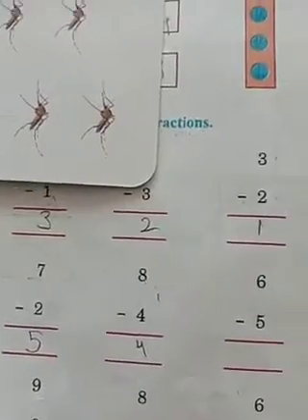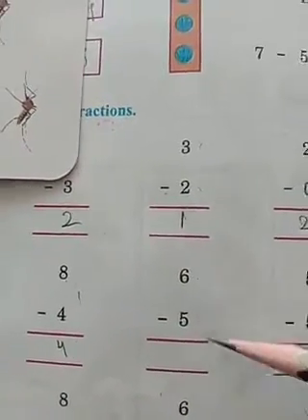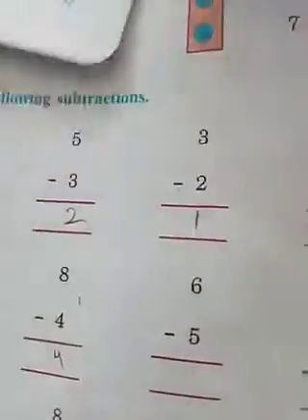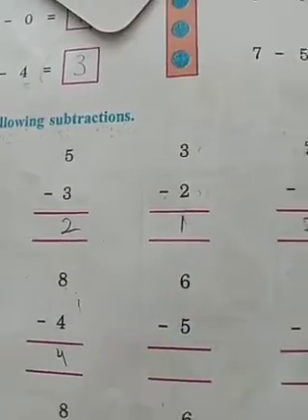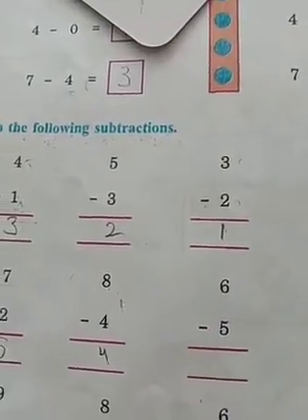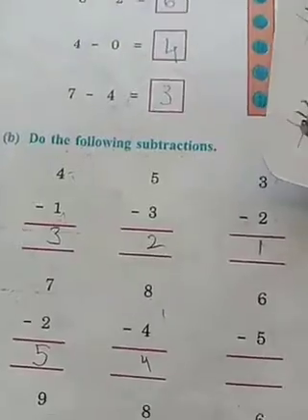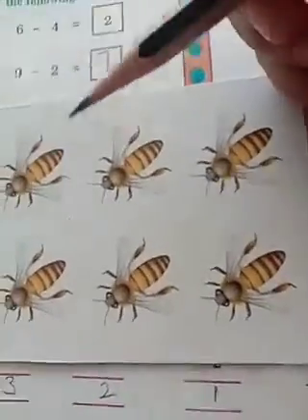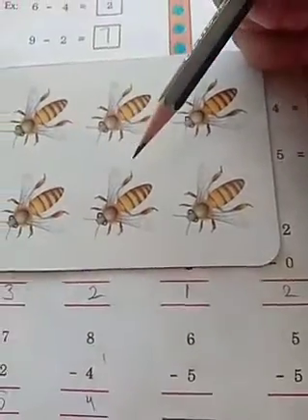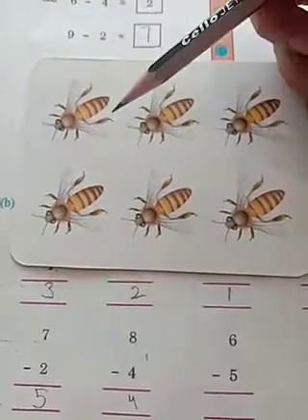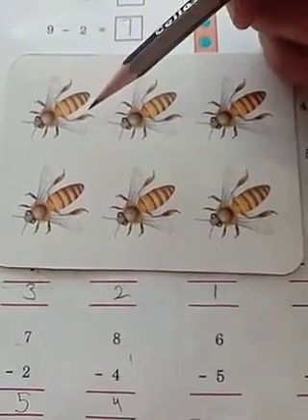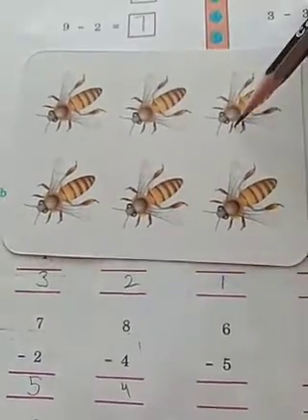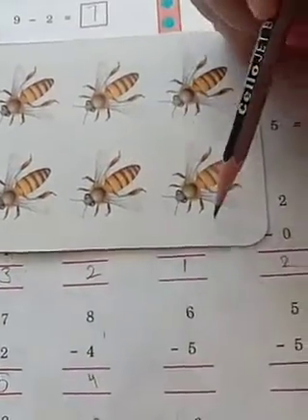Understand, children? Next one, 6 minus 5. 6 spelling S-I-X, 6. I am taking insects only, children, and will explain with these pictures. How many insects here? Flies: 1, 2, 3, 4, 5, 6.